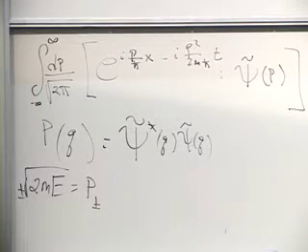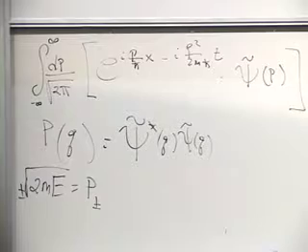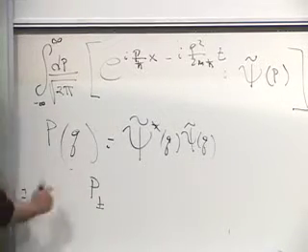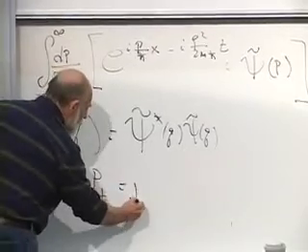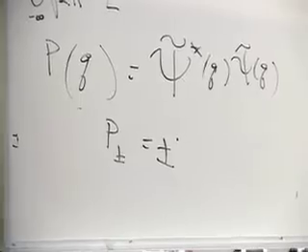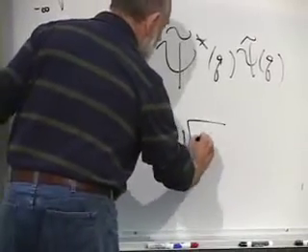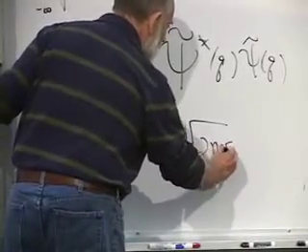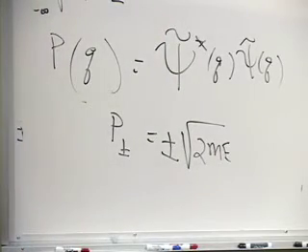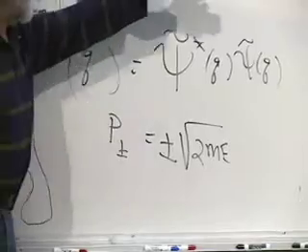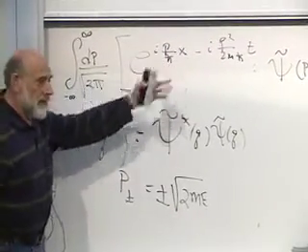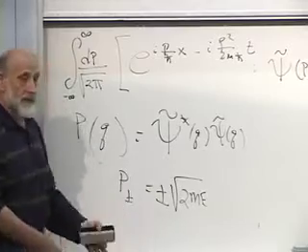P plus or minus equals plus or minus the square root of 2mE. So I go for the two wave functions in here which have this value of energy, and I take the total probability for that value of energy.